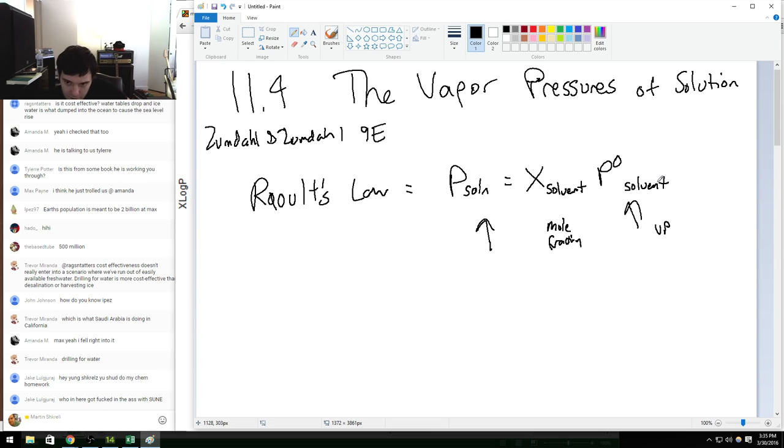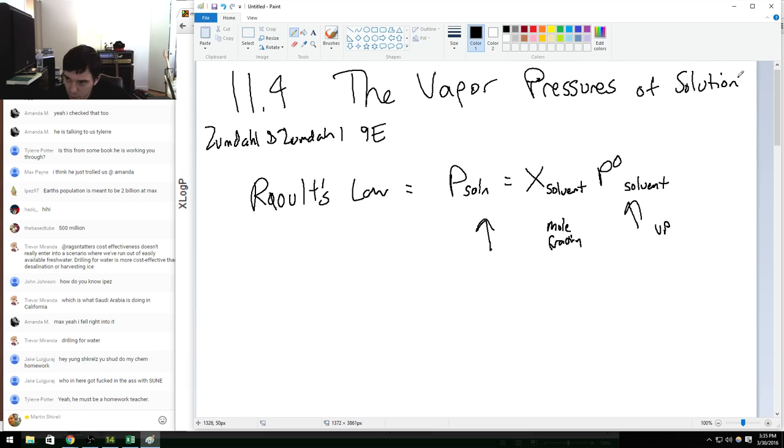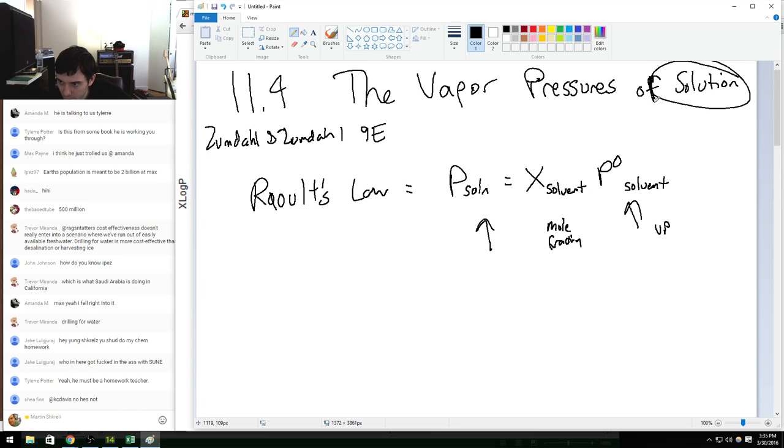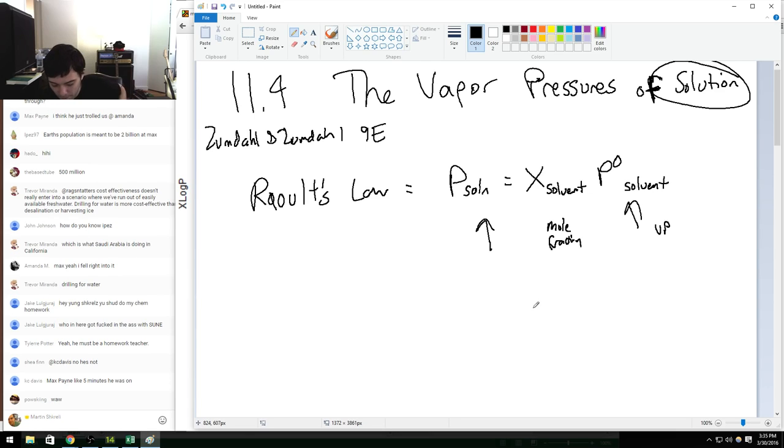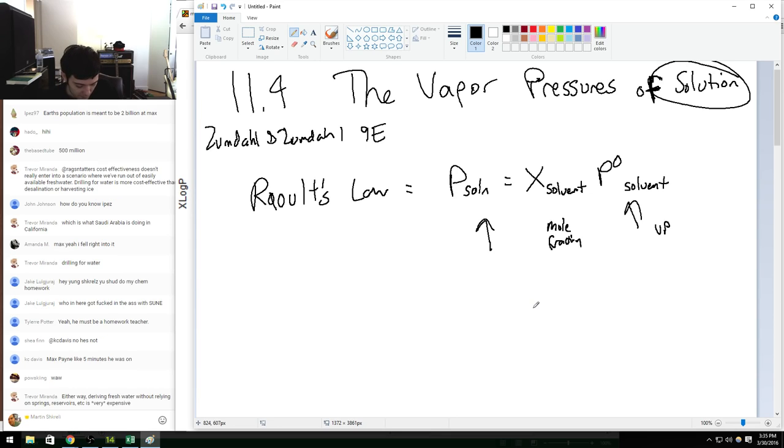It's important because when we talk about solutions, a lot of the time the properties of the solution change quite a bit. So equilibrium is one of the things that we're going to think about.